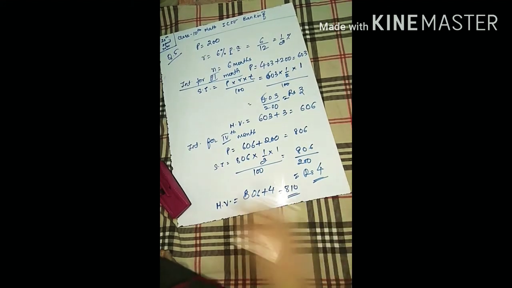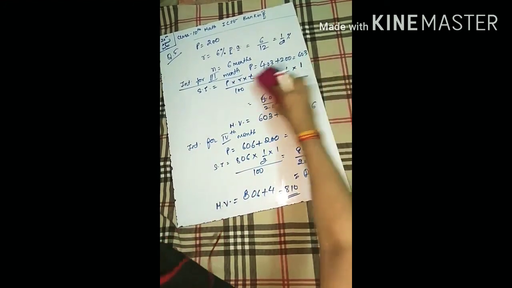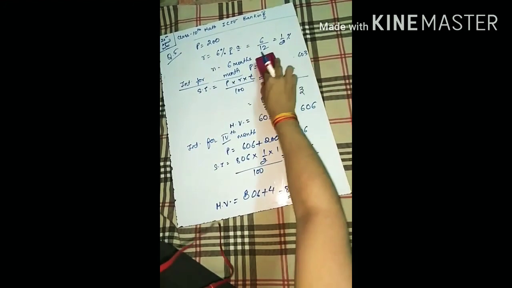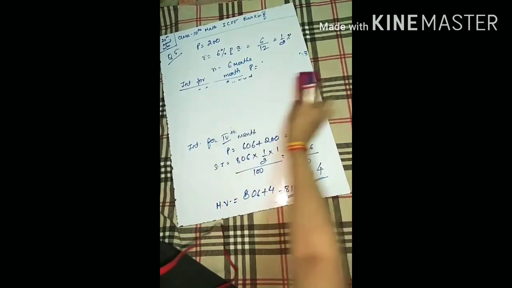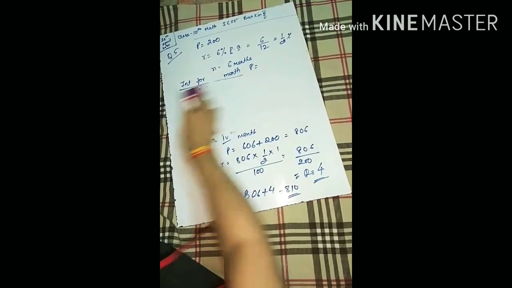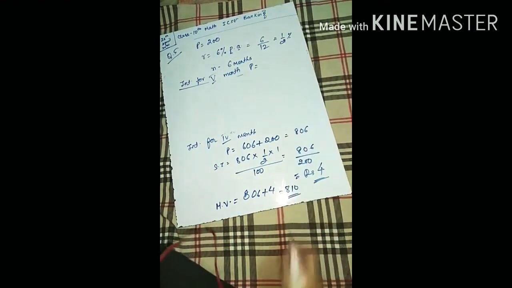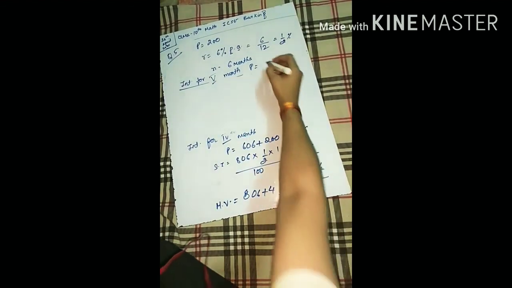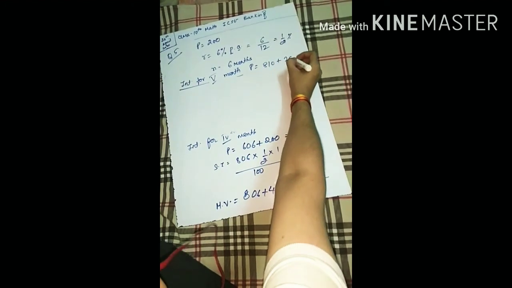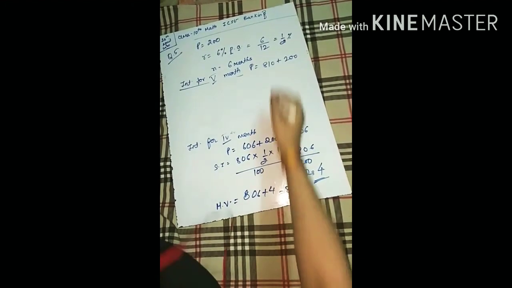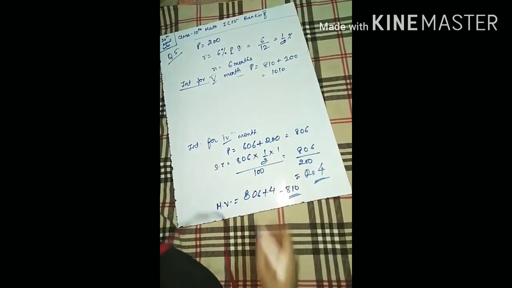Now for the fifth month, what will be P? This money plus the 200 rupees. So this will give you 1010.